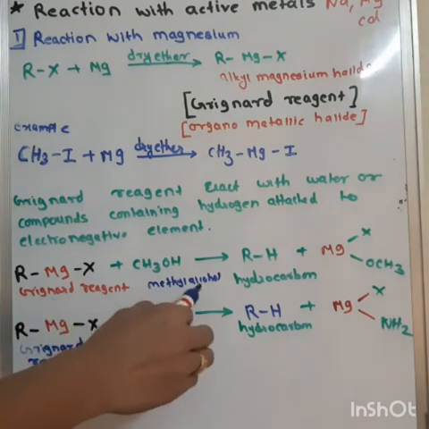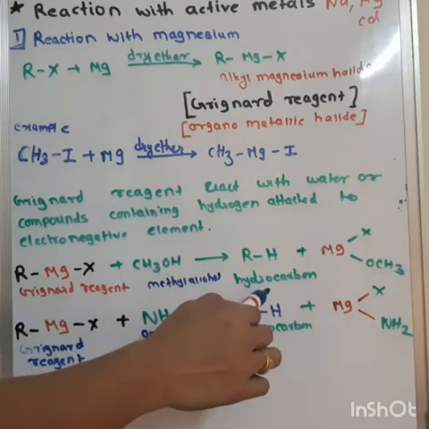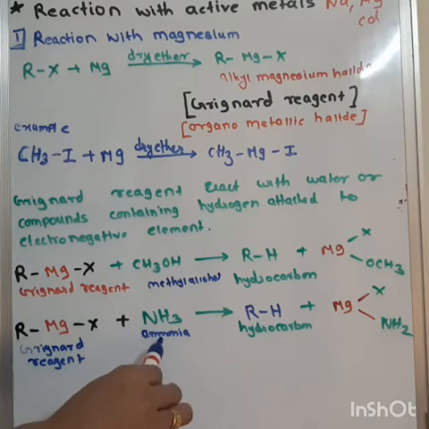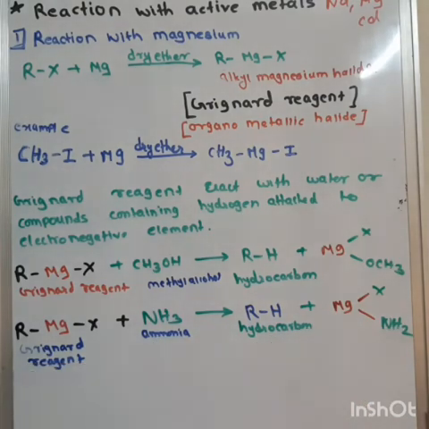When Grignard reagent reacts with methyl alcohol, hydrocarbon is formed. And in another reaction, when Grignard reagent is reacted with ammonia, hydrocarbon is formed and this type of complex is formed. So these are the two types of reactions given by Grignard reagent.